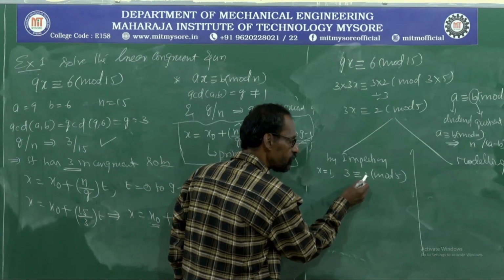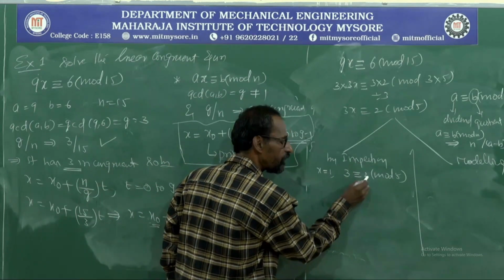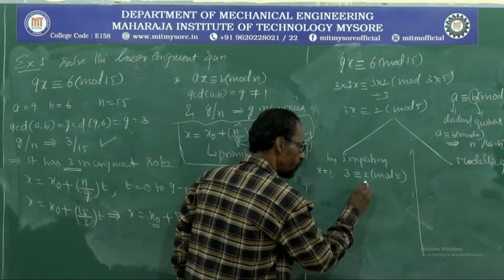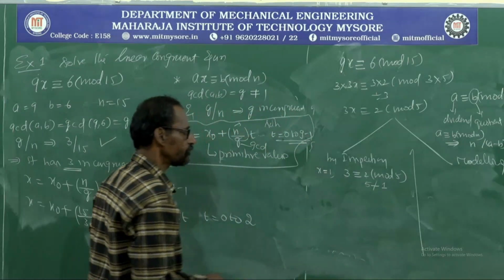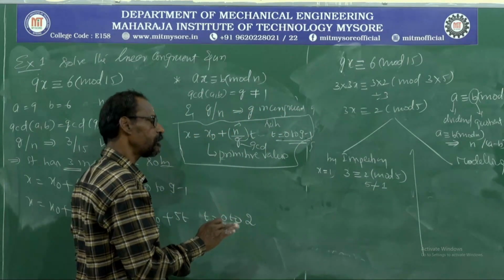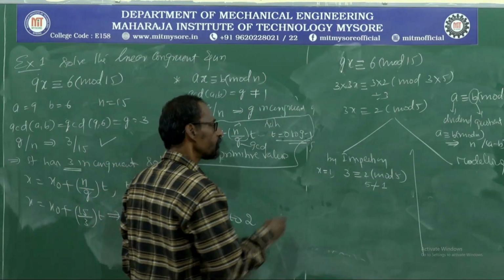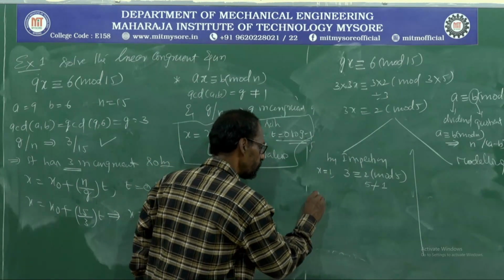What is 3 minus 2? Left minus right, 3 minus 2, 1. So definitely 5 never divides 1. That means x is equal to 1 is not a solution by inspection. Go to the next value.